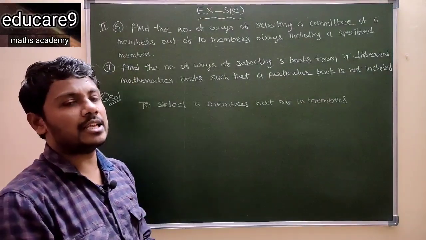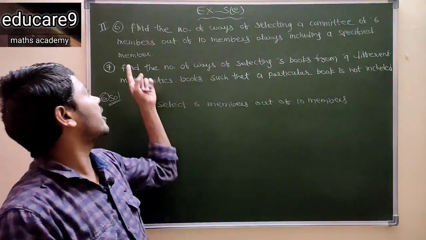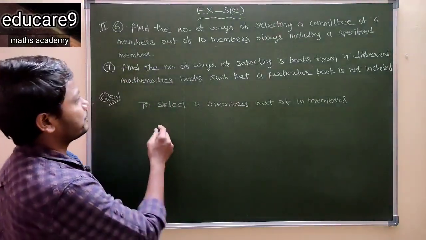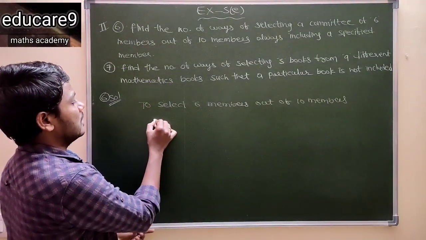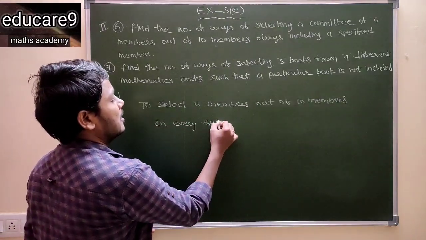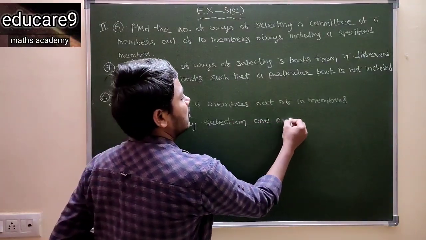Here, in every selection, the particular or specified person is common. See here, in every selection, one person is common.